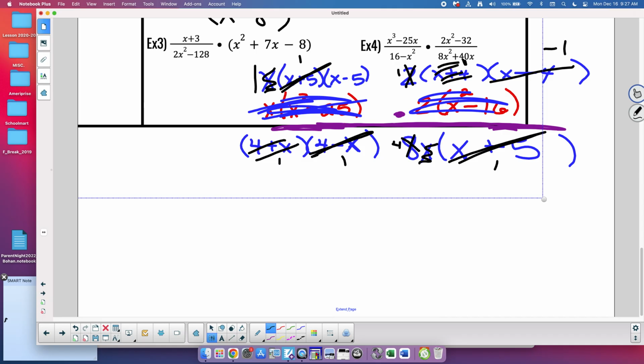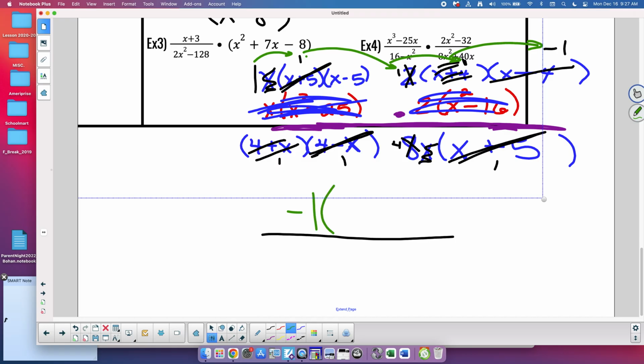All right, what a mess. Okay, careful. Here we go. All right, here's what I see, guys. I see a 1 times a 1 times a 1 times a 1 times a negative 1. That's negative 1. Times an x minus 5, though, right? Okay, over, what's on the bottom? 1 times 1 times 4 times 1.